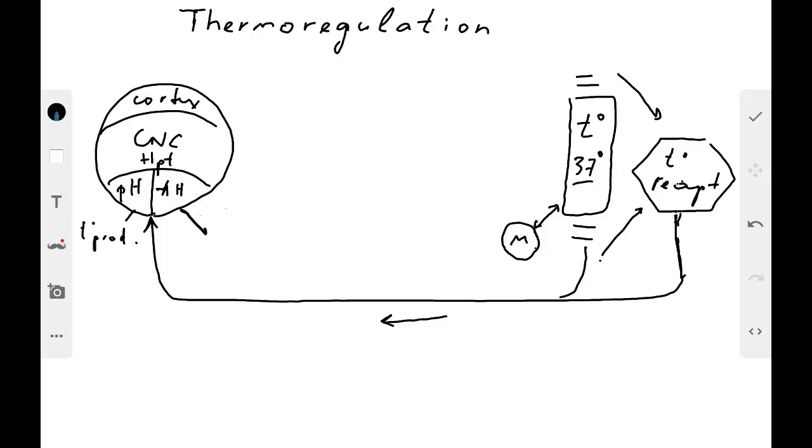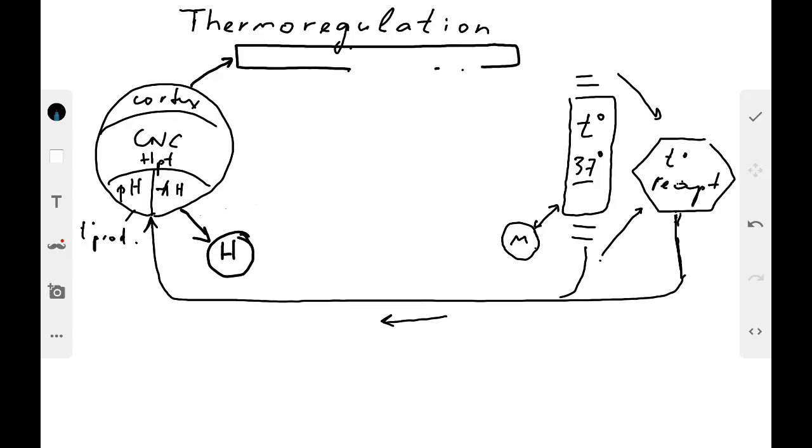These mechanisms involve humoral control, of course, hormones, which will influence the temperature. It also includes the cortical influence and behavior. For example, if it's hot, you may use an air conditioning system. If it's cold, you may put on clothes, you may turn on a heater. So, behavior.